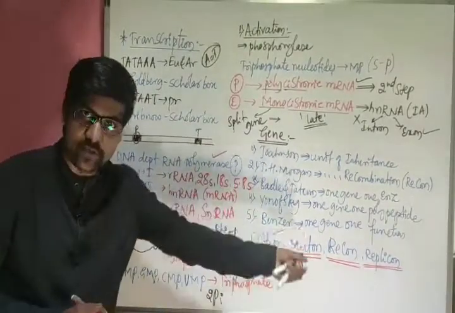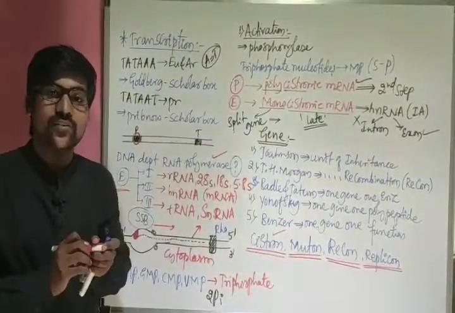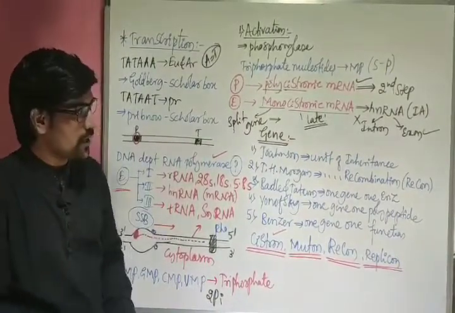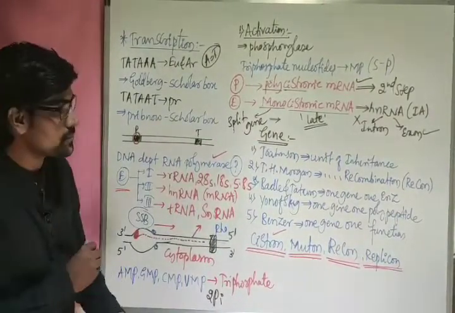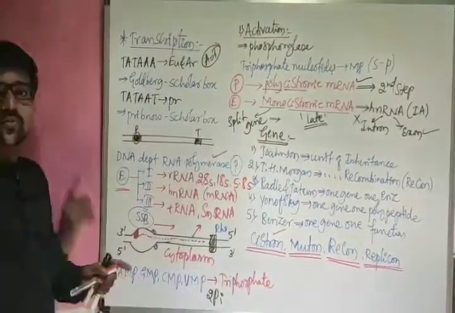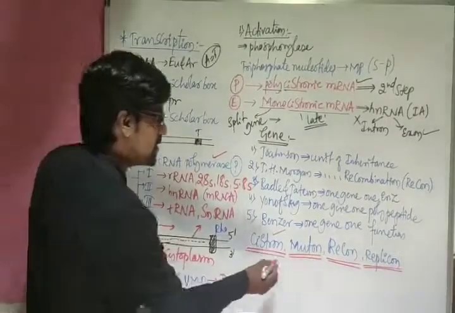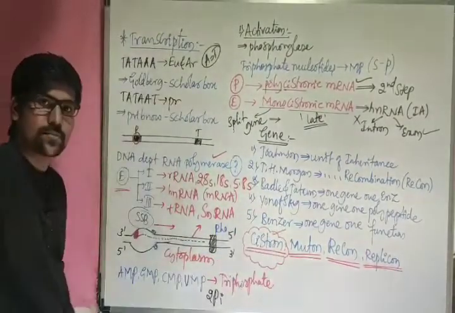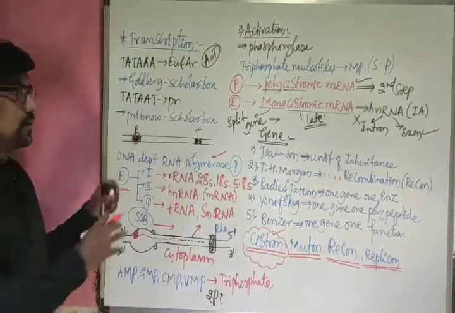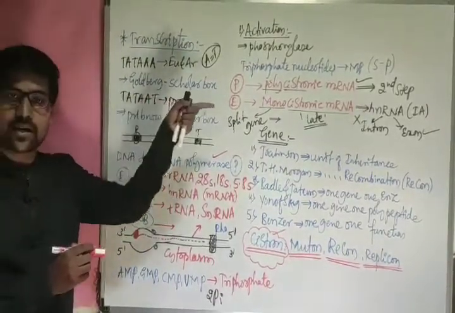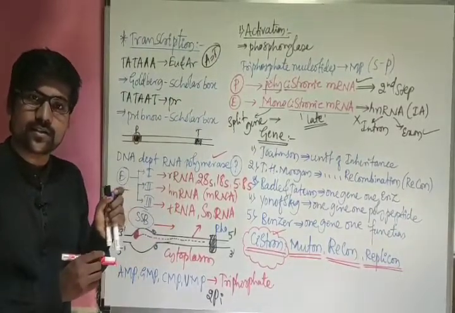So these are the different names given for a gene. Different scientists observed the gene in different ways, right? And in the case of transcription, we have to consider a gene as a cistron. In this concept, the cistron leads the overall process along with the specific enzyme, RNA polymerase.